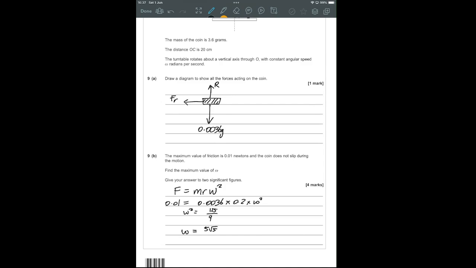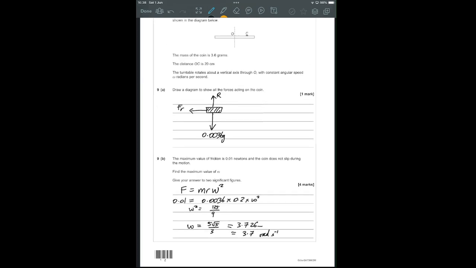The numerator is 5 root 5, and the square root of the denominator is 3. So almost perfect, but then again the question did tell me to put my answer to 2 sig figs. For good exam technique, I'm going to write down a few more digits first before I round, just in case I manage to round wrong. They can still see I've got the correct answer and I get all the method marks at least.